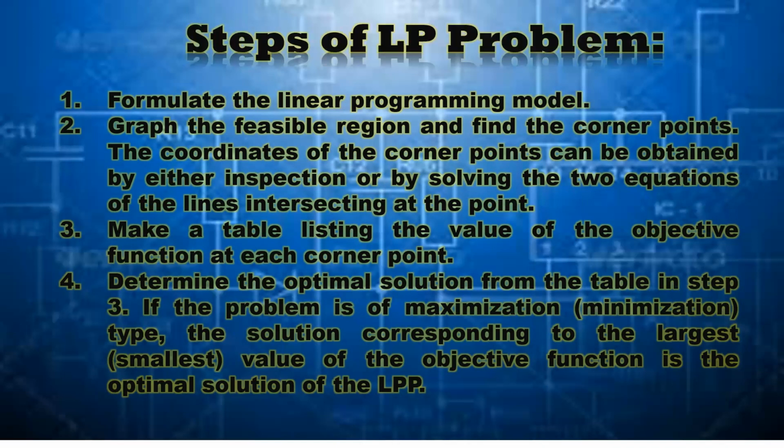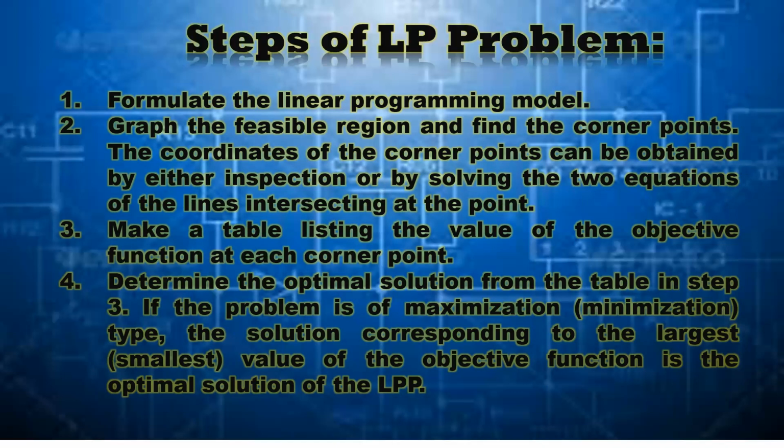The coordinates of the corner points can be obtained either by inspection or by solving the two equations of the lines intersecting at the point. Since you already have your LP model, we are going to use the constraints of the model to graph in a coordinate plane, and we need to find the corner points.